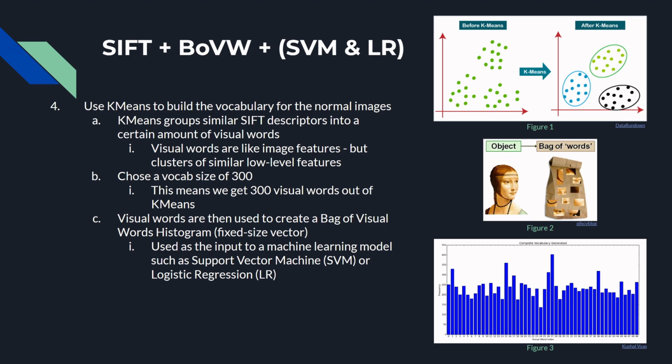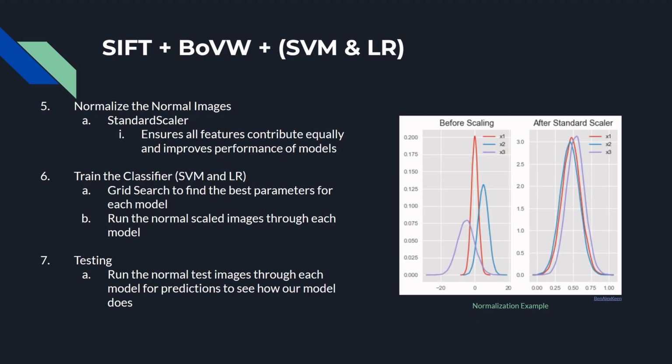Visual words are then used to create a bag of visual words histogram, which is a fixed size vector. This size for us is going to be 300 because we have 300 visual words. This is then used as the input to a machine learning model, such as the support vector machine or logistic regression. In step 5, we normalize the normal images using standard scaler, which ensures all features contribute equally and improves performance of models.